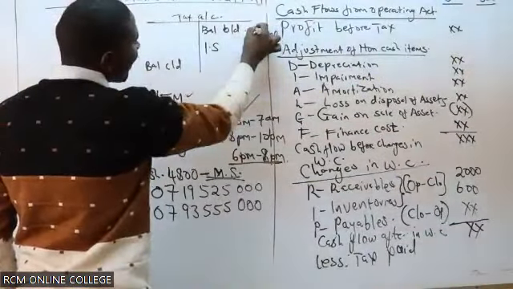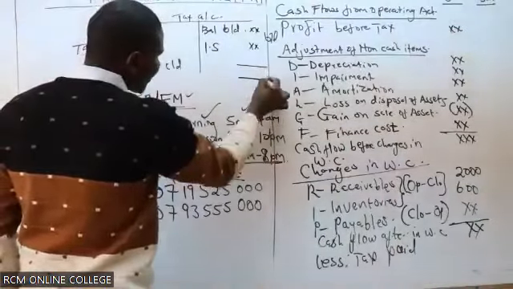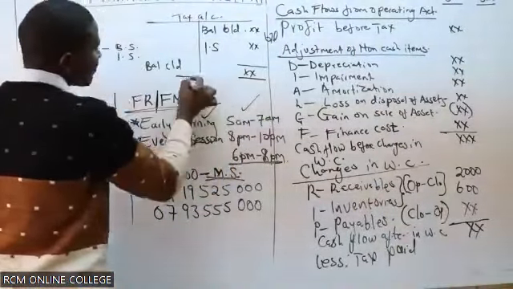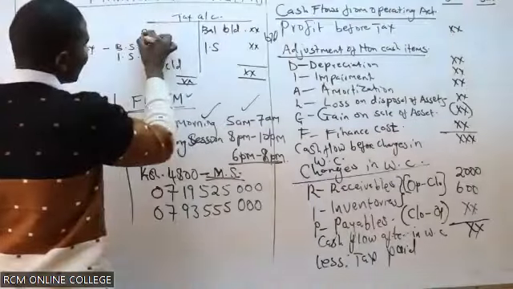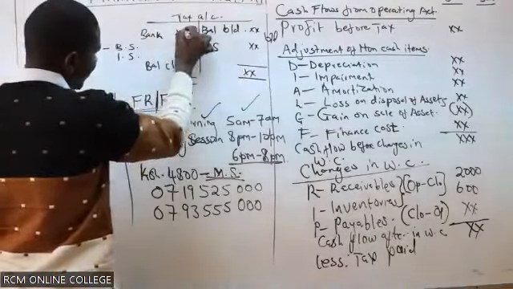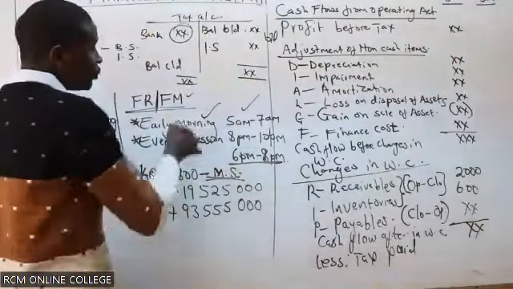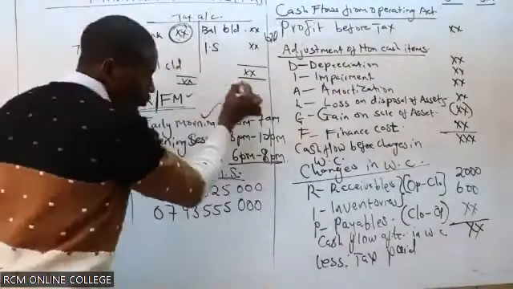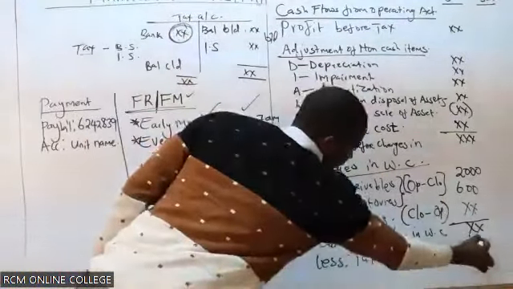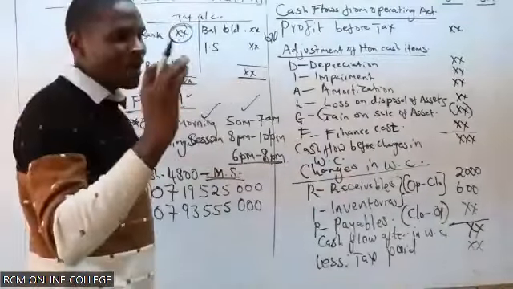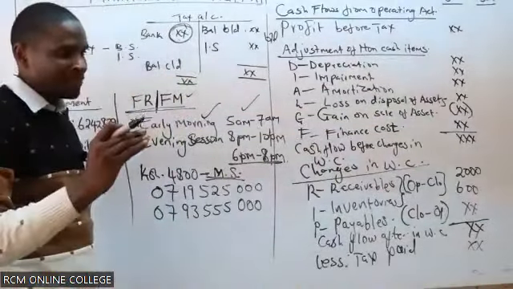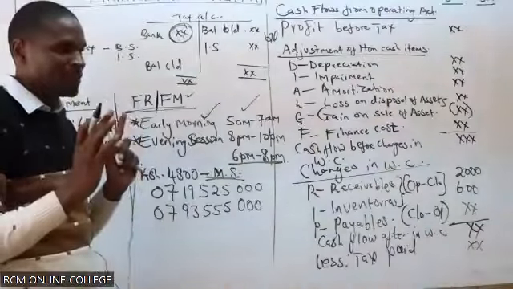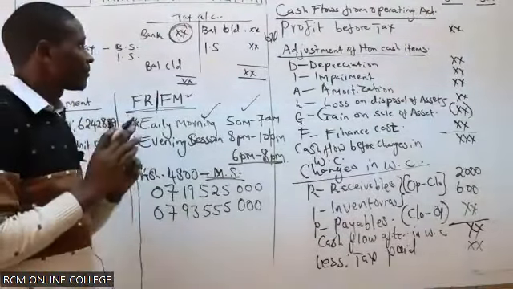Remember, tax is a liability. Sasa hapa ndio tunakuja tunasema nini? Bank. Na sasa hii ndio balancing figure. Tumeelewa hapo? Have you understood how to come up with the tax paid? The exact tax.